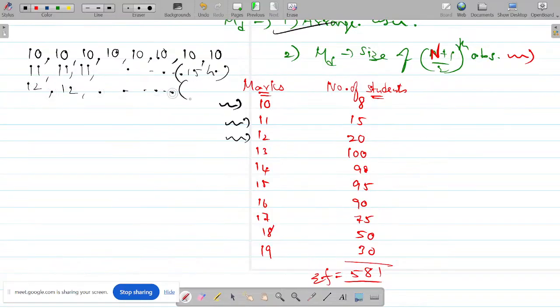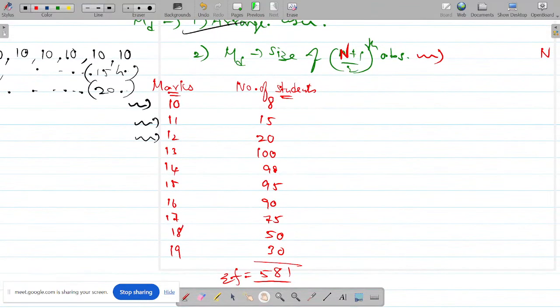See, it's a lengthy process, right? So instead, we go for a shortcut. Always Maths is beautiful. Not because of formulas we are not liking Maths. Maths is beautiful because we take the help of cumulative frequency, and very easily you can find the value. What do you mean by cumulative frequency? We have discussed it in the earlier topic. What do you mean by the term cumulative? Accumulative, adding up the values.